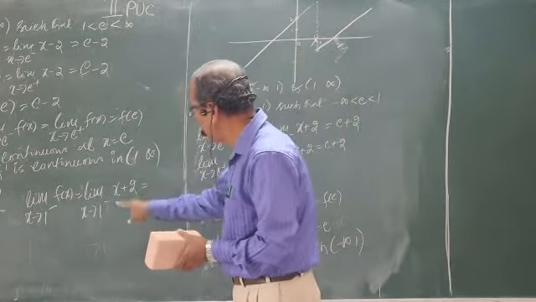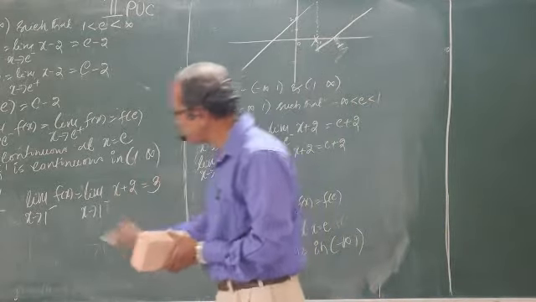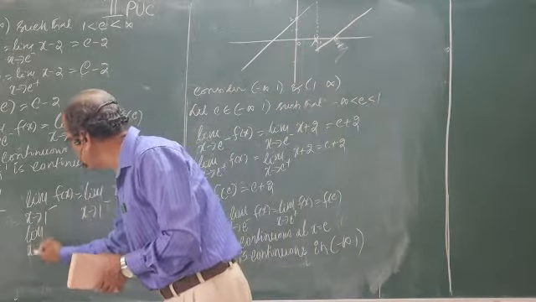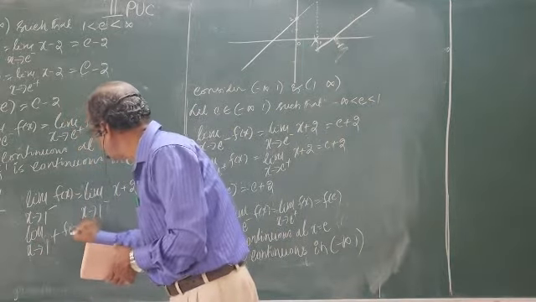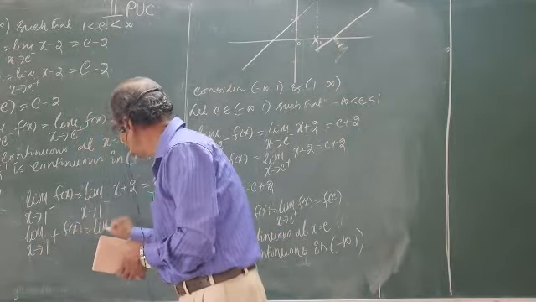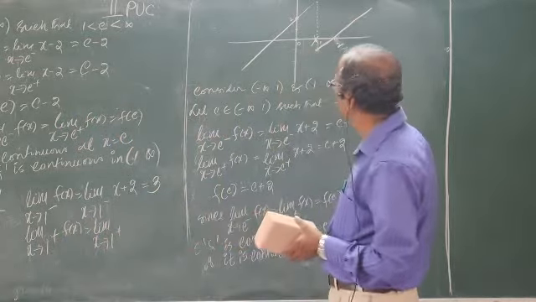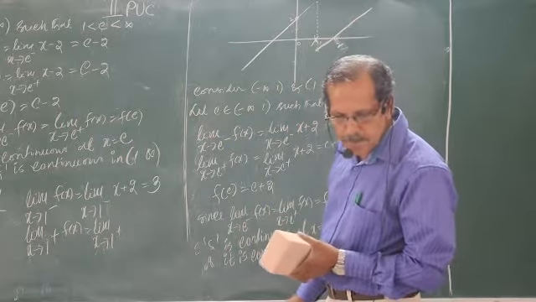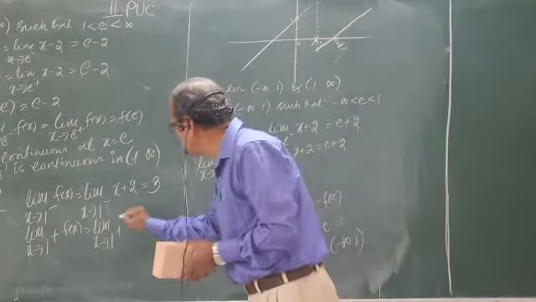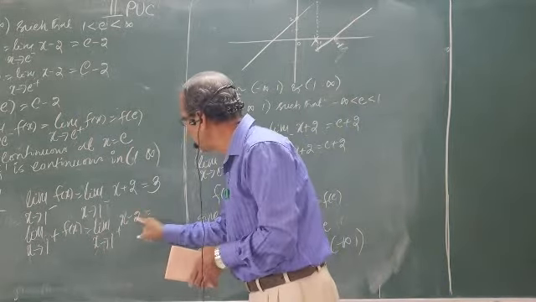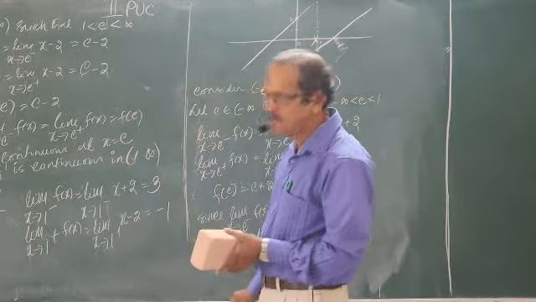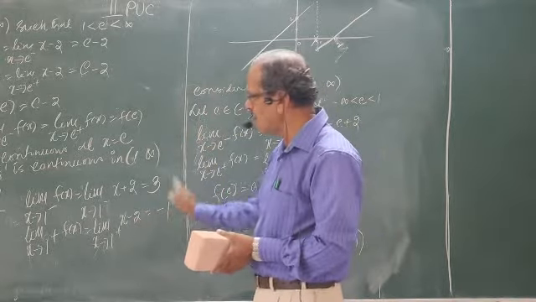Or it is 1 plus 2, which is 3. Limit x tending to 1 plus f of x: x tending to 1 from the positive side, the equation is x minus 2. Or 1 minus 2, which is minus 1. These two are not equal.